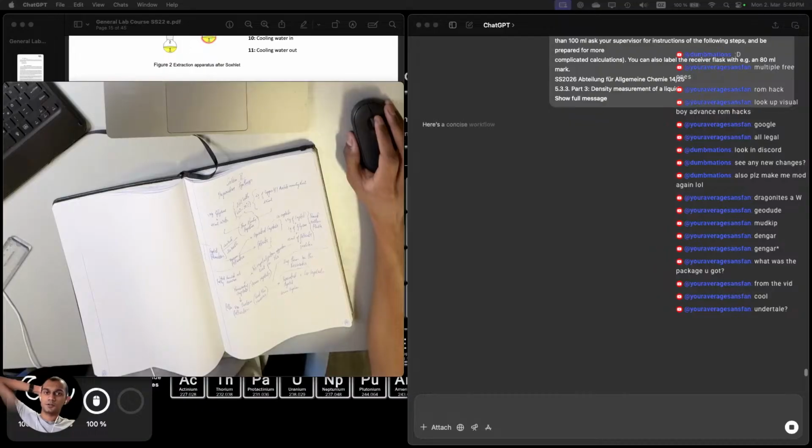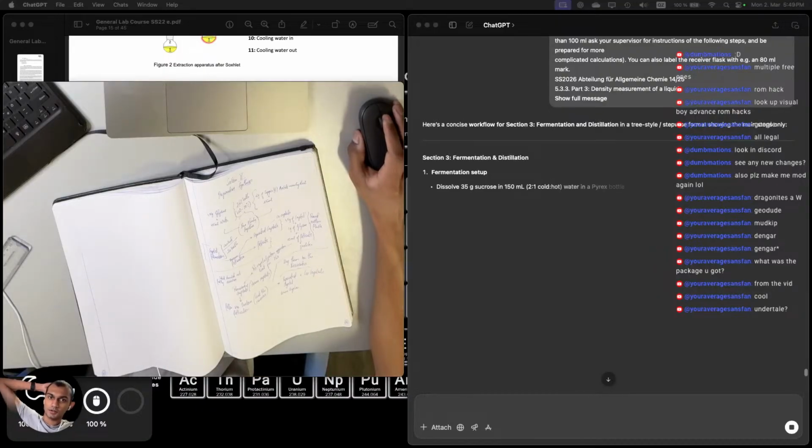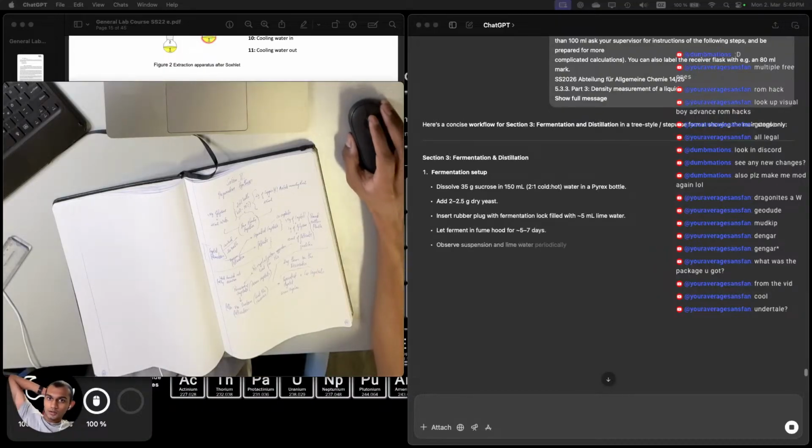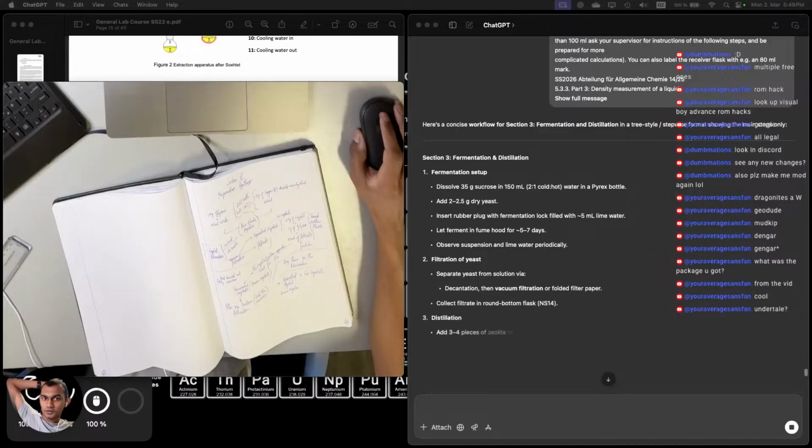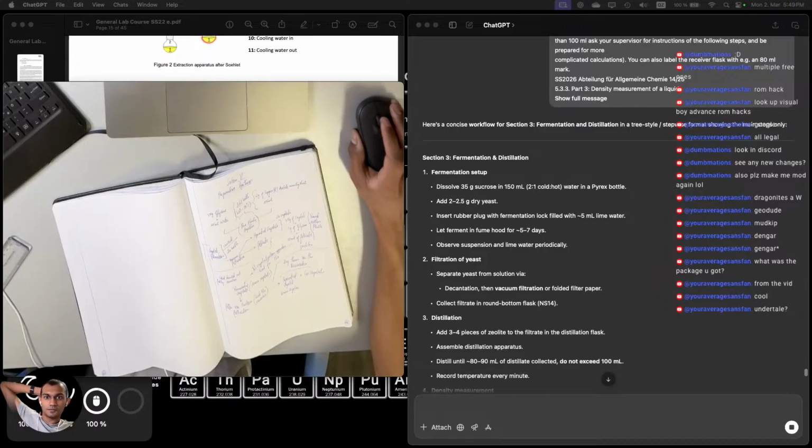Yeast performs fermentation, the product is separated by distillation, and a solution of ordinary sucrose is fermented by ordinary dry yeast. Put the fermentation lock into a pierced rubber plug.